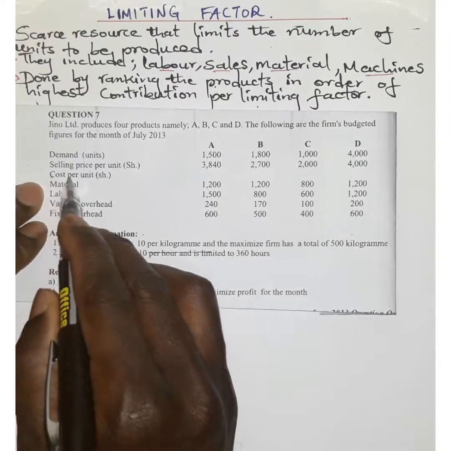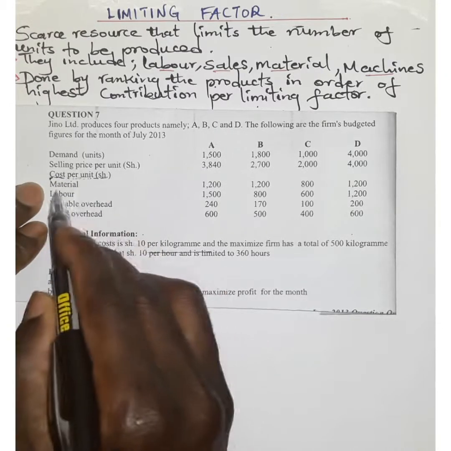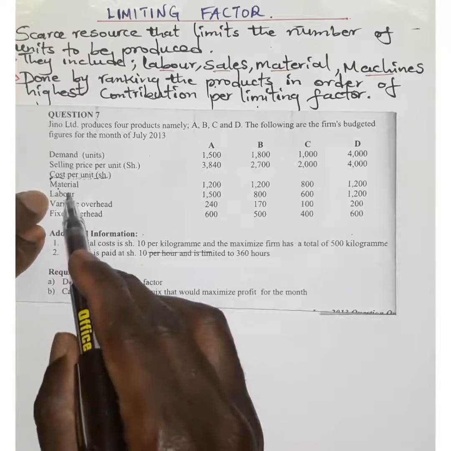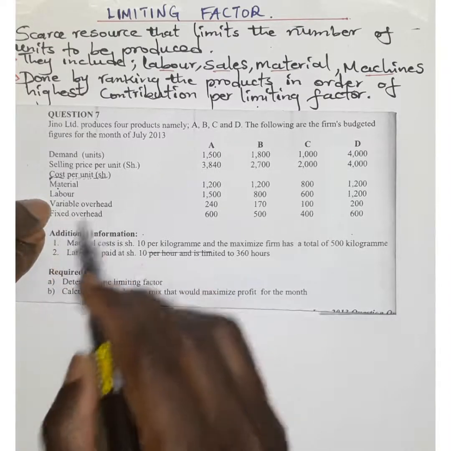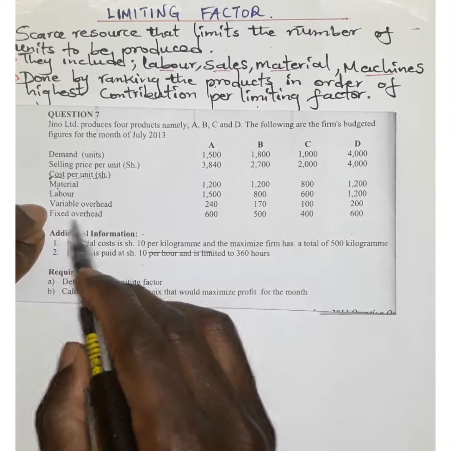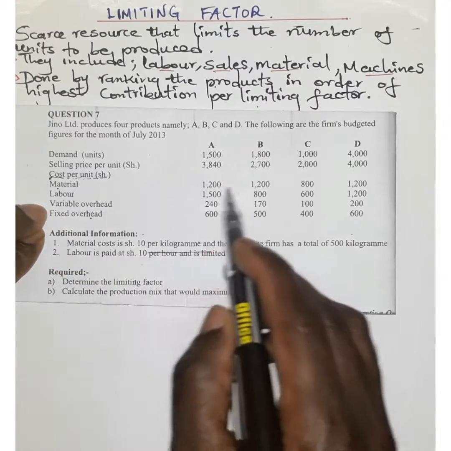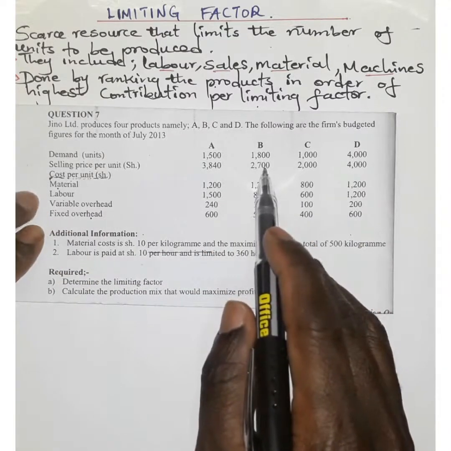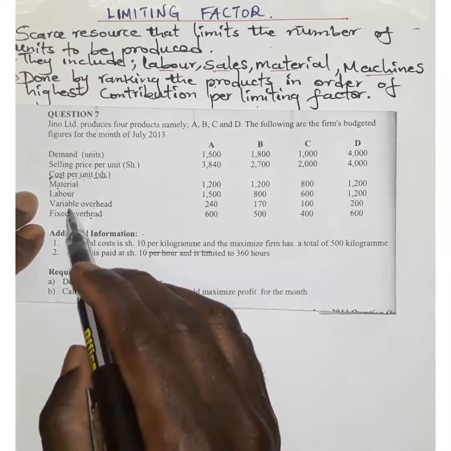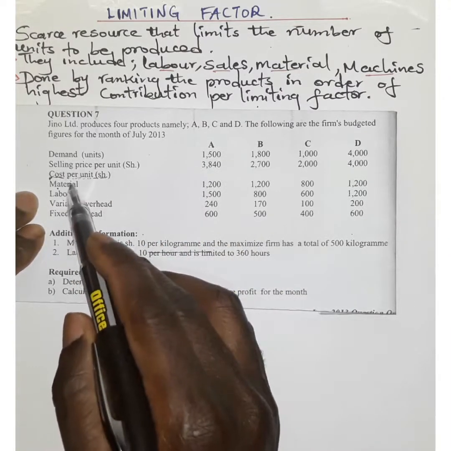The costs here: material is one cost, labor is another cost, variable cost is another cost, and then the fixed overhead for each item. Ideally, if you look at these costs, we have material and labor.